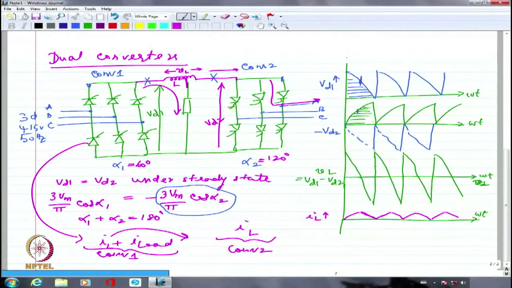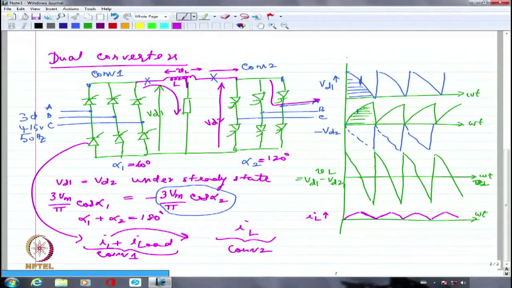So whenever I am talking about a dual converter, we will have dual roles for both of them. Among the two converters, if one is working as a rectifier, mainly that is working as a source of power. The other one, which is working as an inverter, is only sitting there to take over the operation if I need some regeneration or something like that.